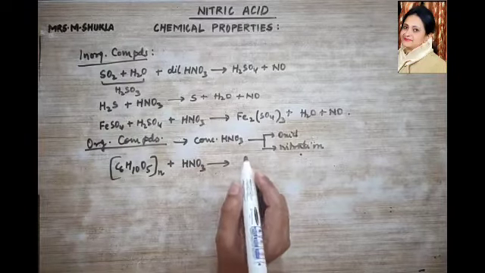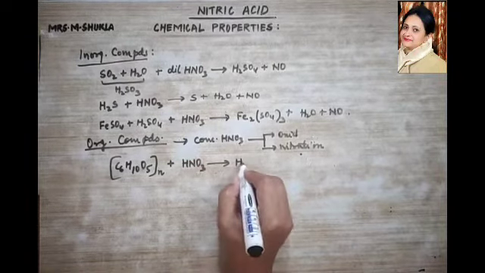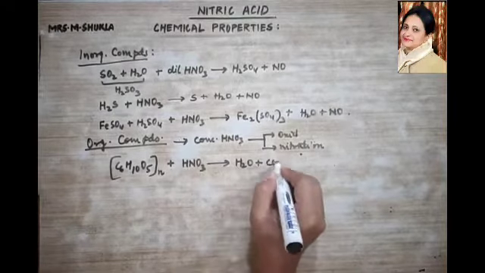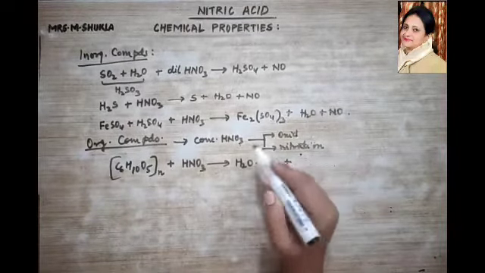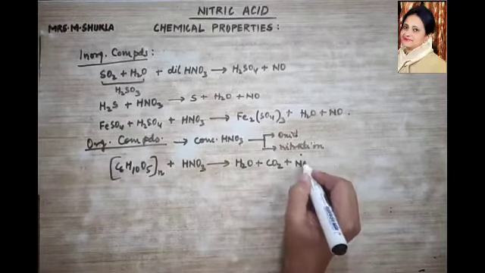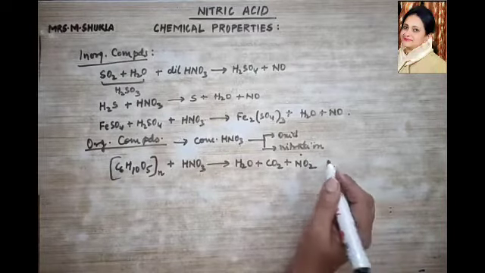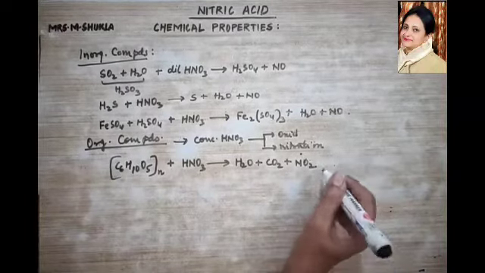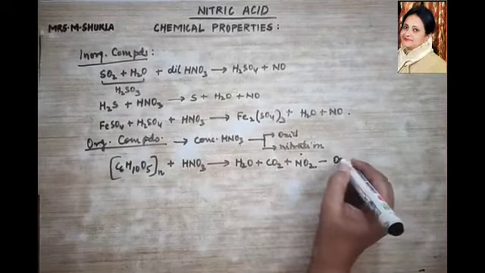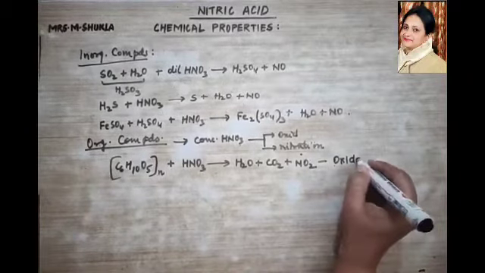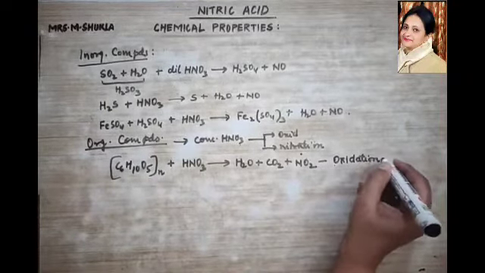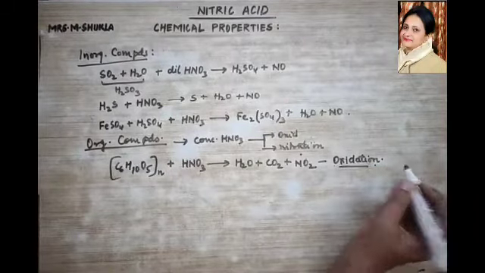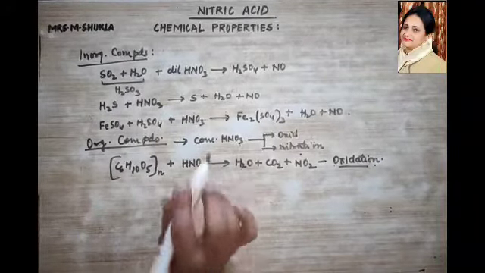It will form water plus carbon dioxide plus nitrogen dioxide gas. Right? This is your oxidation process. So sawdust shows the oxidation process with concentrated nitric acid.